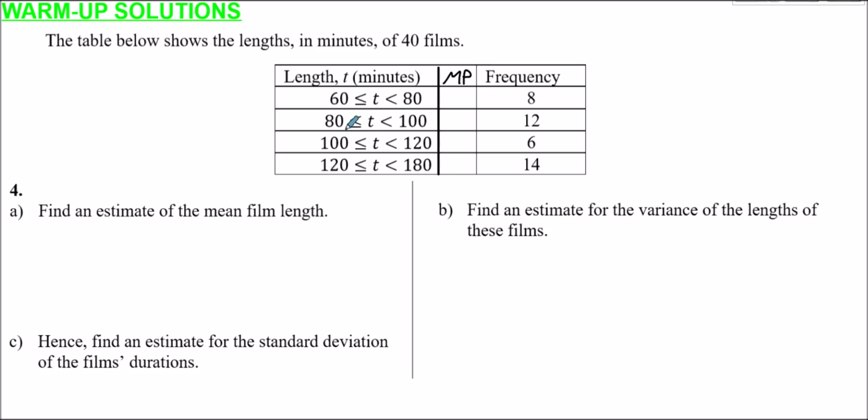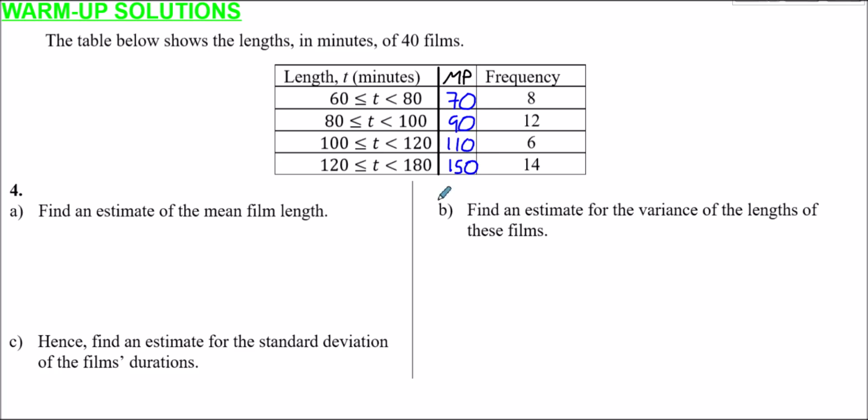So from 60 to 80, that midpoint is going to be 70. Halfway between 80 and 100 is 90. The middle of 100 and 120 is 110. And these two, if you add these two together and divide it by 2, which is another way of finding the midpoint directly, that midpoint is going to be 150.